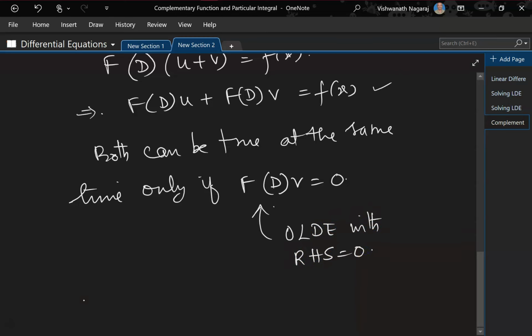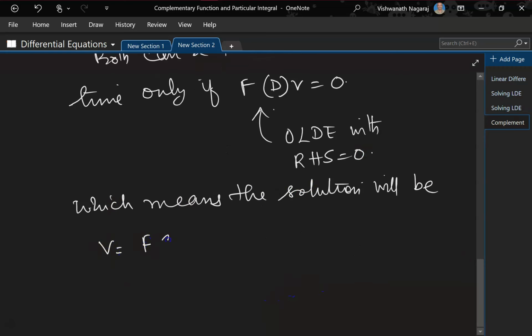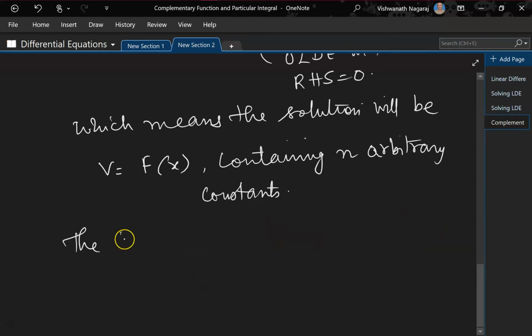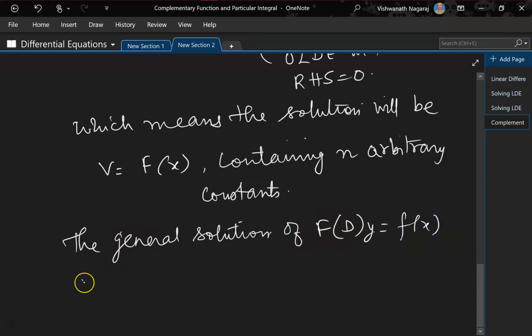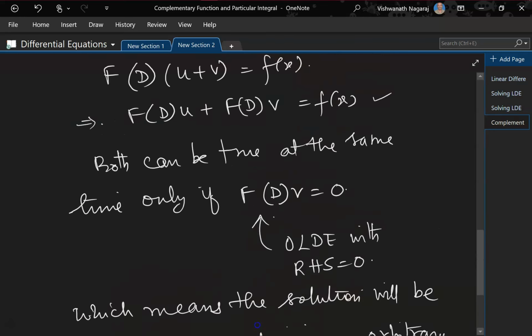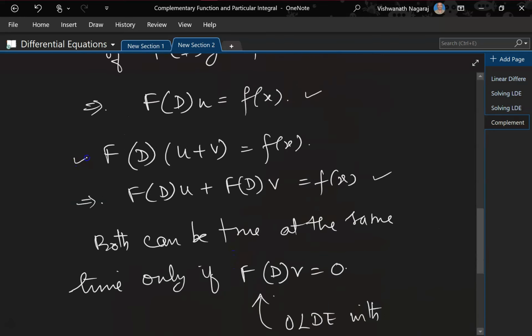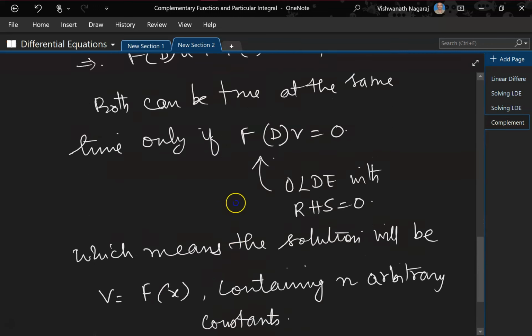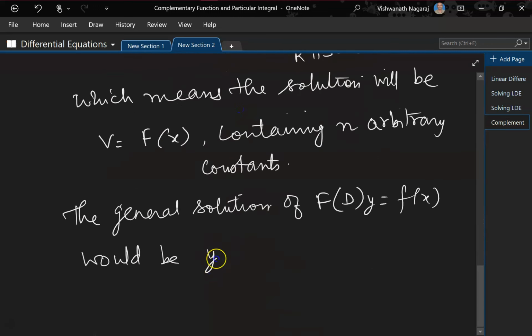And we know the solution would be, let's say, v is equal to f of x containing n arbitrary constants, in which case the general solution of f of D y is equal to f of x would be, remember we have seen this, we add these up, so y is equal to u plus f of x.